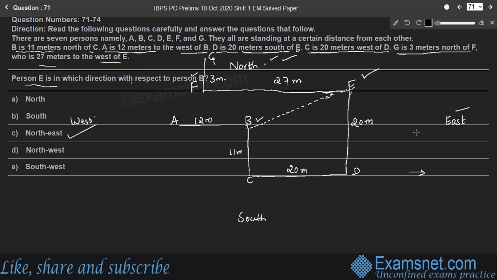Therefore, option C is the right answer. So this direction is northeast, whereas this direction is southeast, this direction is southwest and this side it is northwest, right? Therefore, for the given question, the answer is northeast.